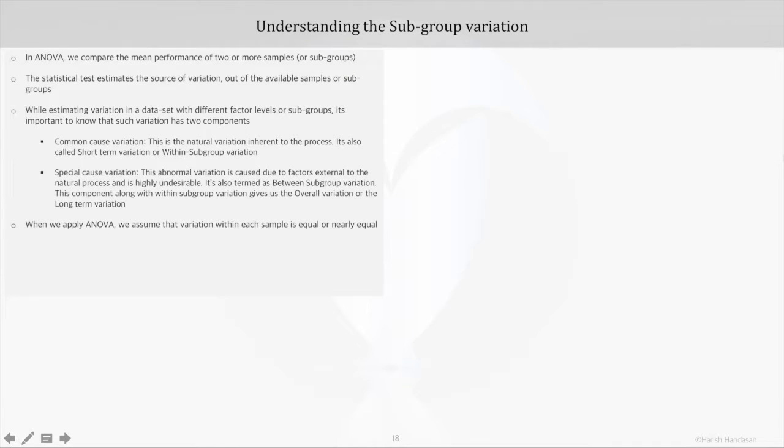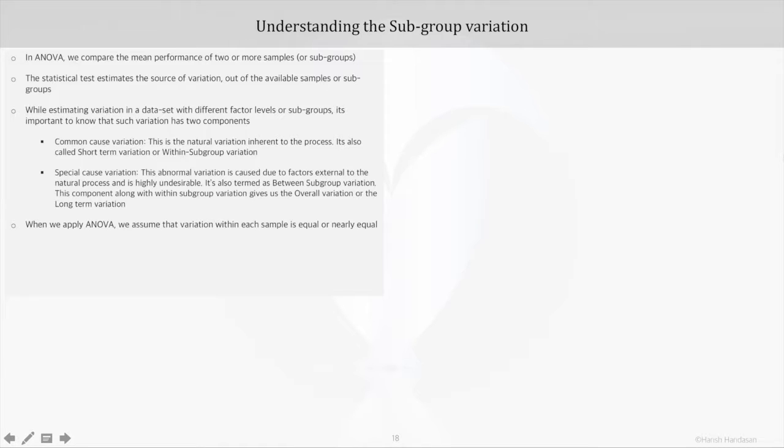Now that we understand these terms, we would be able to appreciate better when we say that in ANOVA we assume equal variances for sample subgroups. That is, we expect that within each sample subgroup, the variance behavior should be primarily due to common causes.